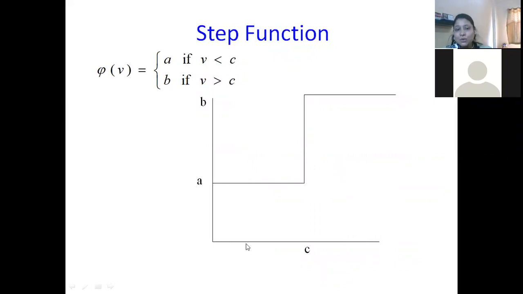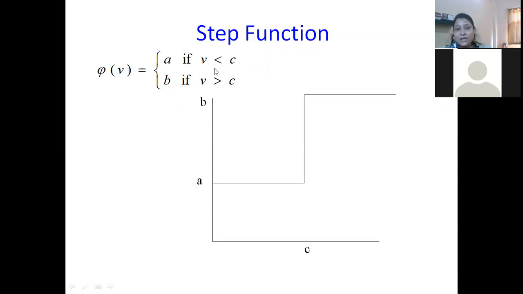That means this is some value which is 0, this is some kind of value which is a, and this is one kind of value which is b as well. So here you can draw the staircase or step function. That means if v, which is nothing but the net value, is less than c, the output is a.